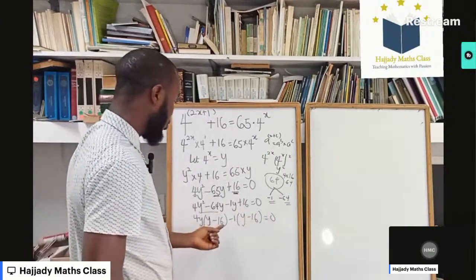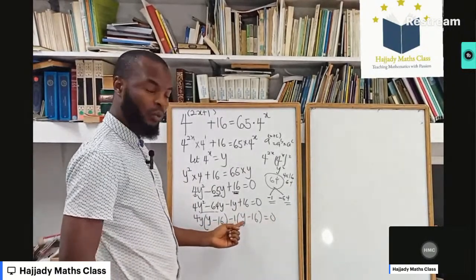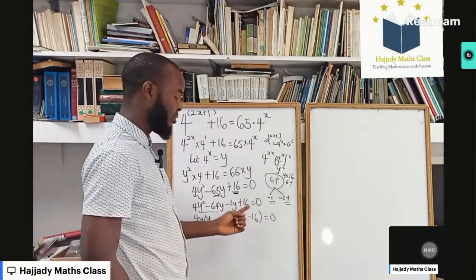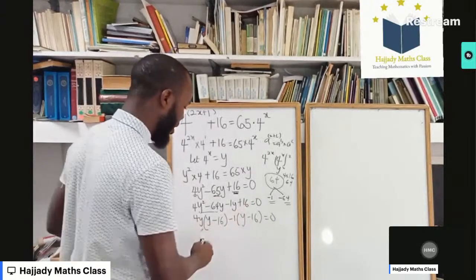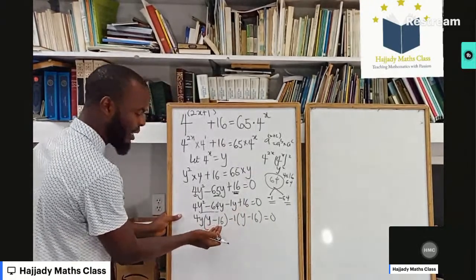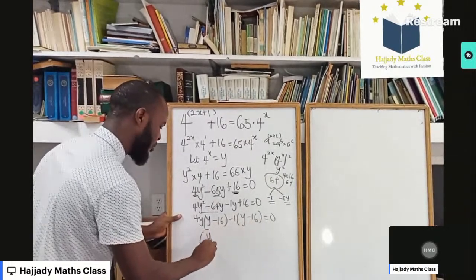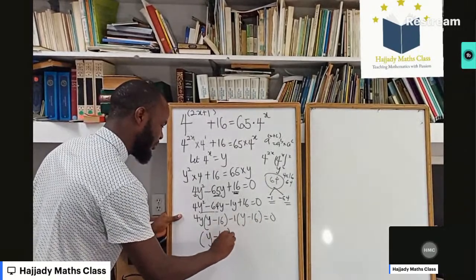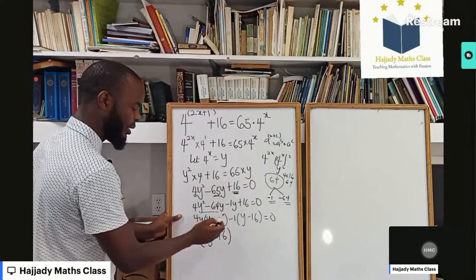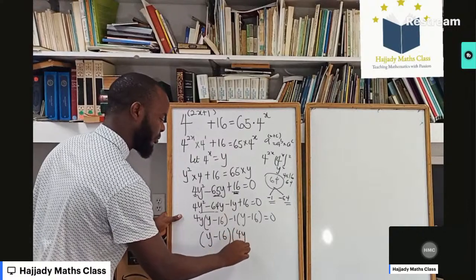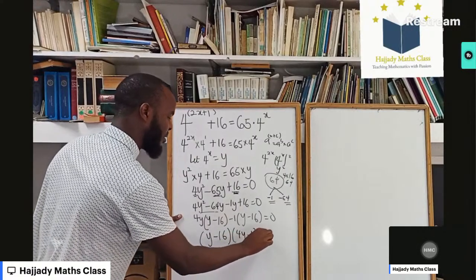Now multiplying out here, -1 multiplied by y gives -1y. -1 multiplied by -16 gives positive 16. Now looking at this, y minus 16 is common, right? Factor it out. Here I'm left with 4y minus 1 equals 0.